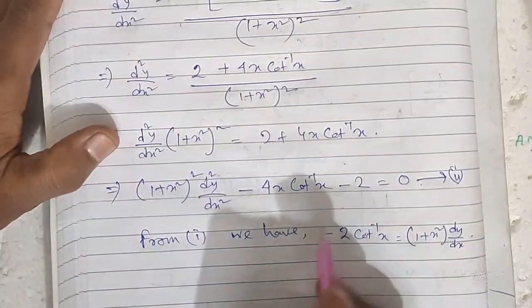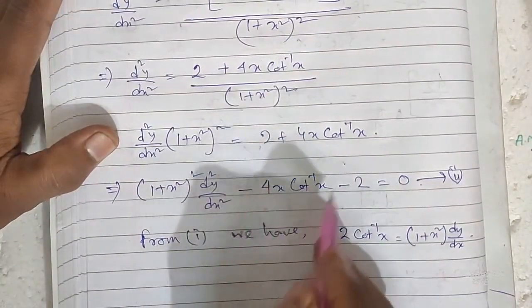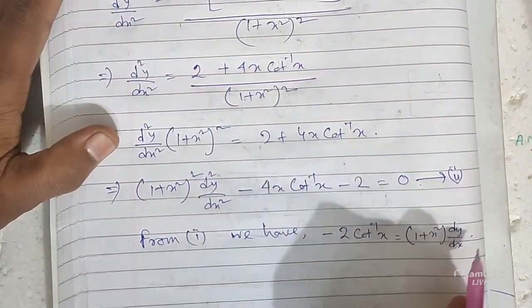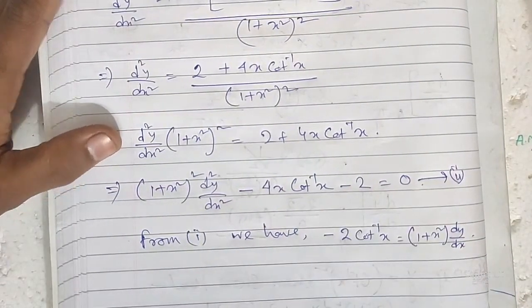Now this value minus 2 cot inverse x, in place of this I have to write 1 plus x square dy by dx.